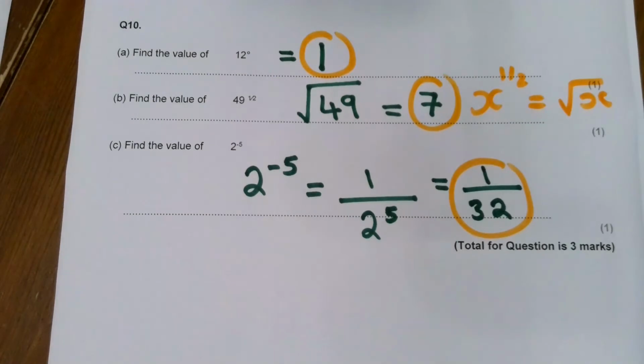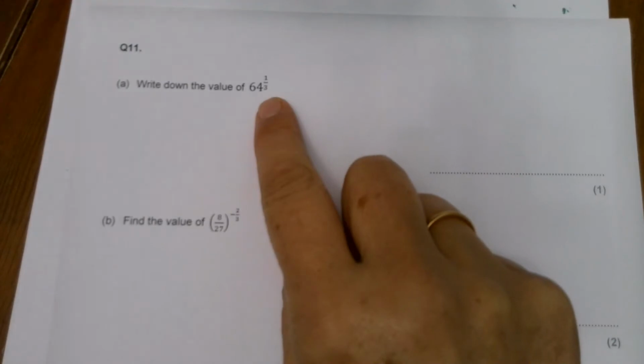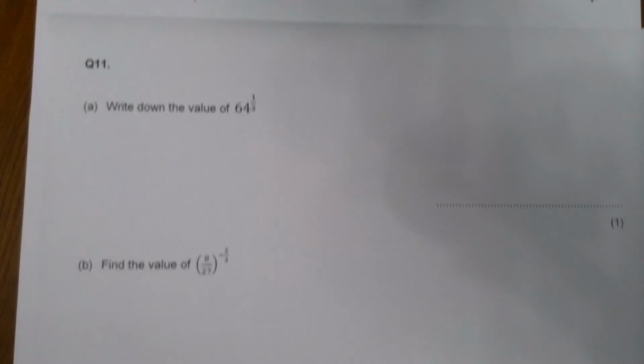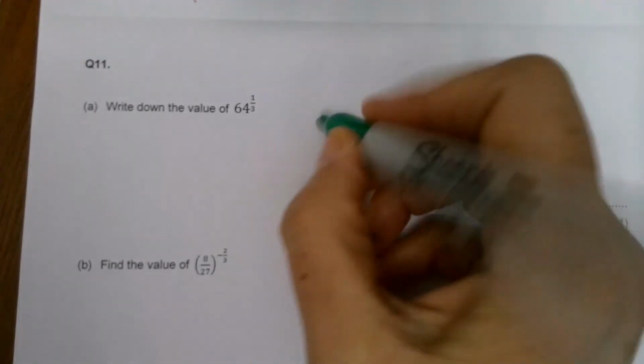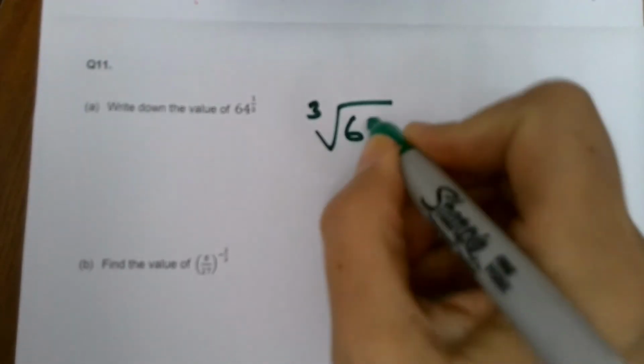Okay, now we're going to go on to question 11, which is also to do with indices. And now we have to the power of a third. Well, like the power of a half, when you have a fraction, 64 to the power of a third means the third root.